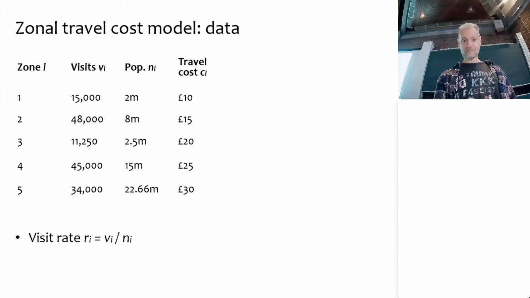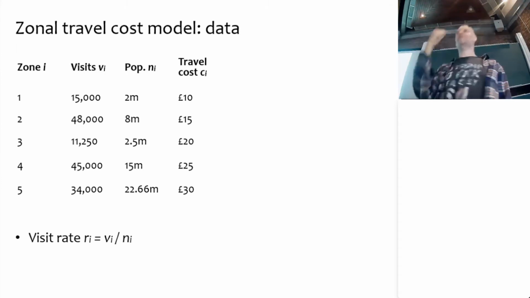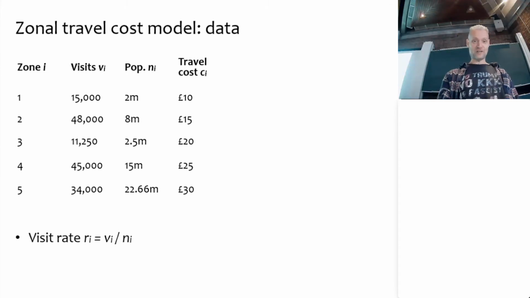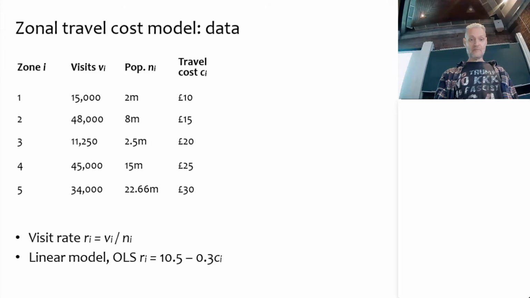Then you calculate the visit rate, that is the fraction of people from the zone that visited the place, so that's V over N. And then you can fit a demand curve, and the example here is to use ordinary least squares, where you derive a relationship between your visit rate and the cost, right?